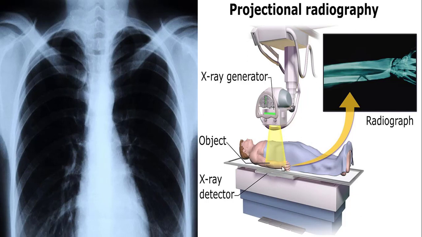When we describe the subject placement for radiography, the part closest to the X-ray tube or generator is called the anterior, and the part closest to the photographic film behind is called the posterior. So we can say this is a wrist and forearm X-ray, AP view, and this patient is lying supine.